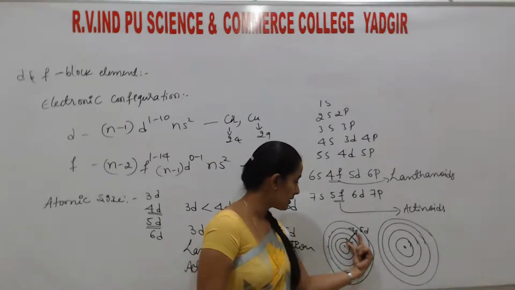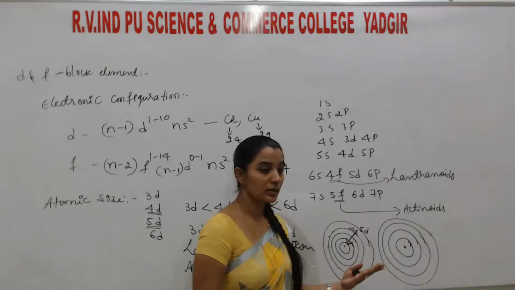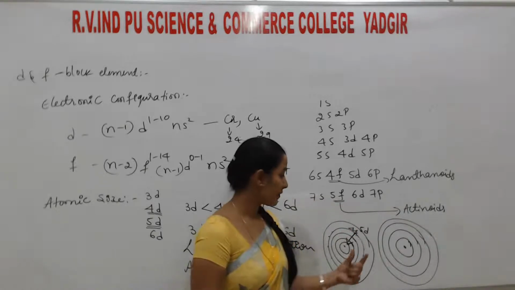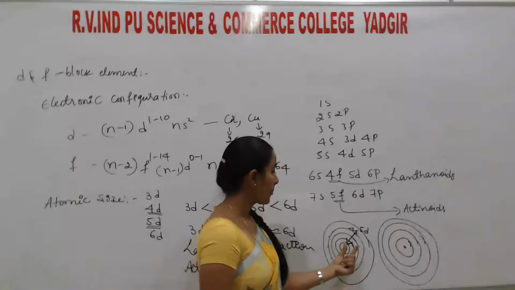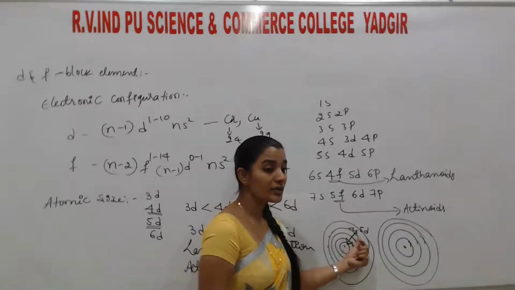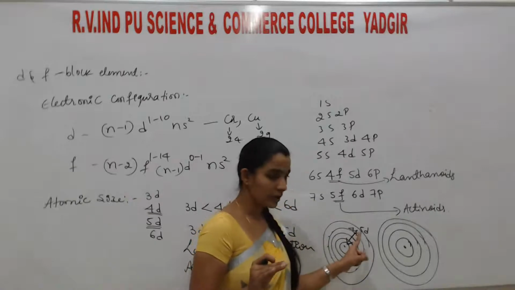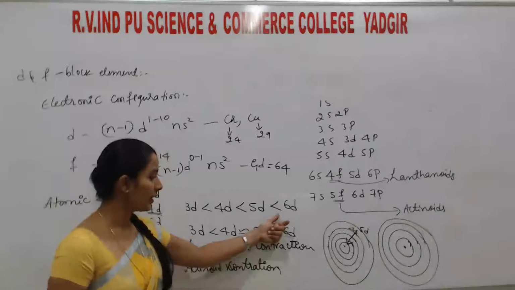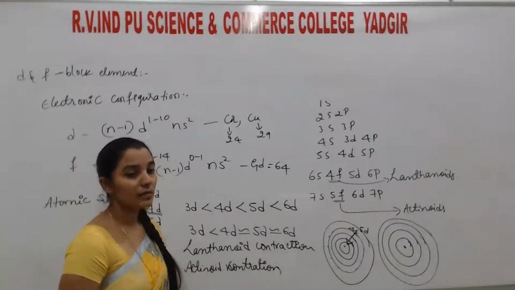The inner orbital consists of extra 14 electrons. Extra 14 electrons means effective nuclear charge increases. That's why, due to the increase in effective nuclear charge, or the screening effect of this inner 4f orbital, there is a decrease in size of the 5d series. That's why the 4d and 5d series now have the same size.